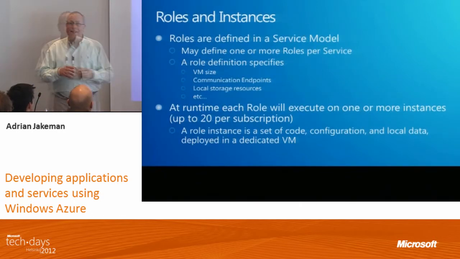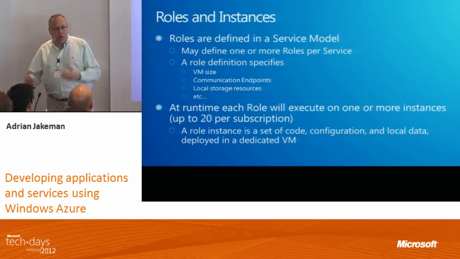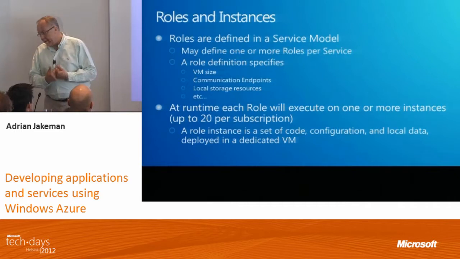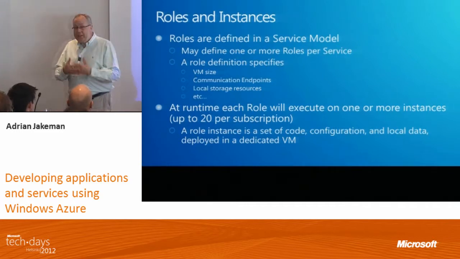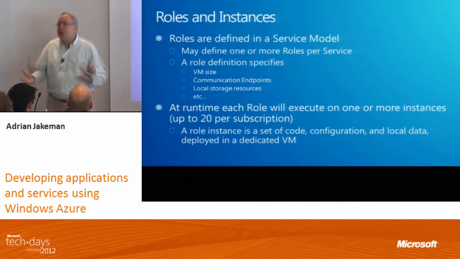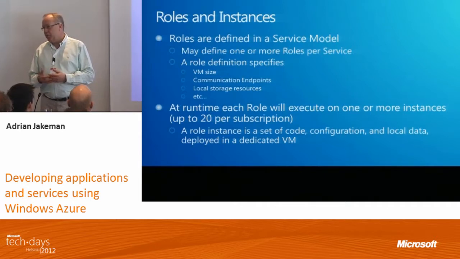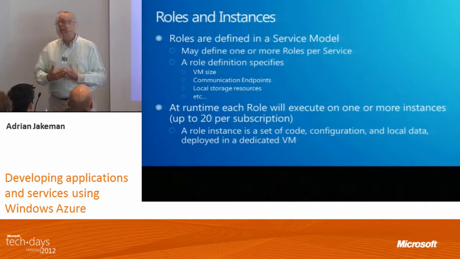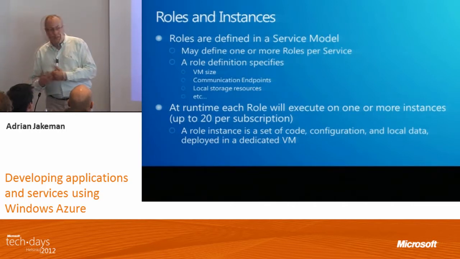Of course, roles and instances aren't quite the same. Roles in their own right, the web roles, the front ends, the worker roles, the middle tier components, if we like, are slightly different from instances. Instances are the number of virtual machines that will run your roles. And again, that goes back to David's comment this morning, where we need to run at least 2 instances of each of our roles to make use of the Windows Azure SLA.